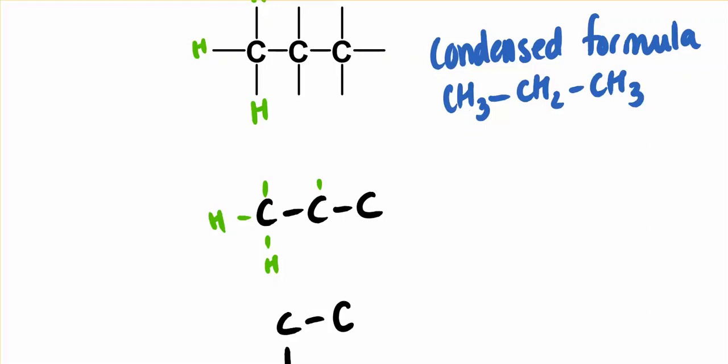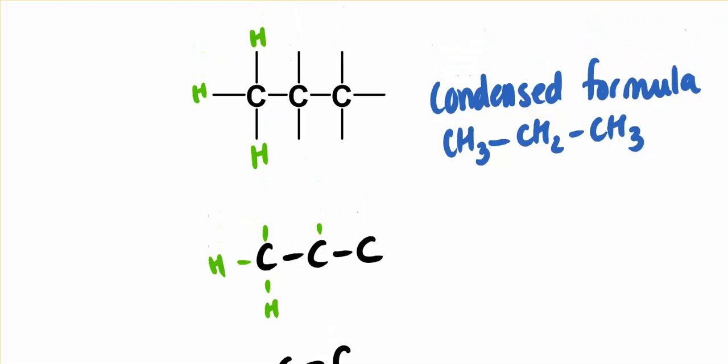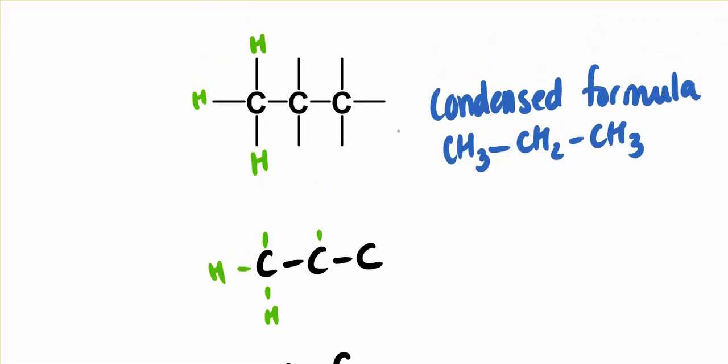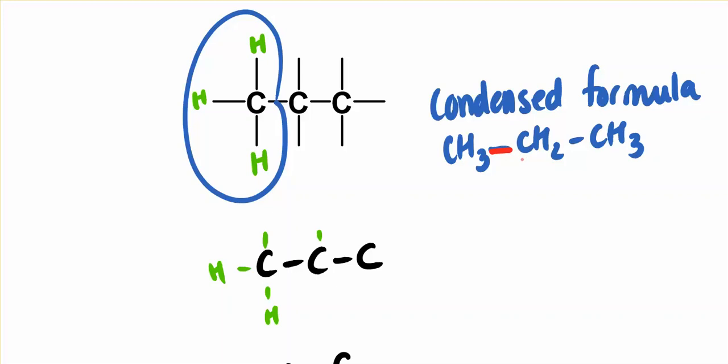So the end carbon had 3 hydrogens attached to it, so that's why I show H3. Then a single bond to the next carbon, and we need to understand that that bond is between carbon and carbon, not carbon and hydrogen. Carbon is the backbone. The middle carbon had 2 hydrogens, so that's where I get the CH2, and so on. The one on the end has 3.